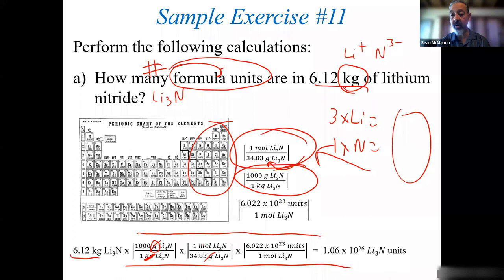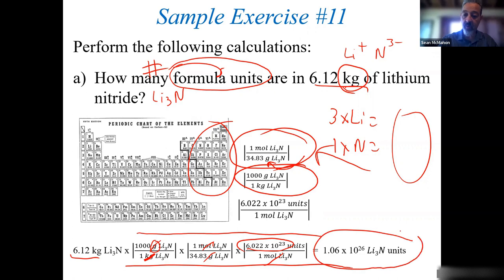I wanted the number of particles. 1 mole of anything, remember, it's like music to your ears. 1 mole of anything is 6.022 times 10 to the 23rd units, which is 1.06 times 10 to the 26 lithium nitride units. So that is a nice problem.